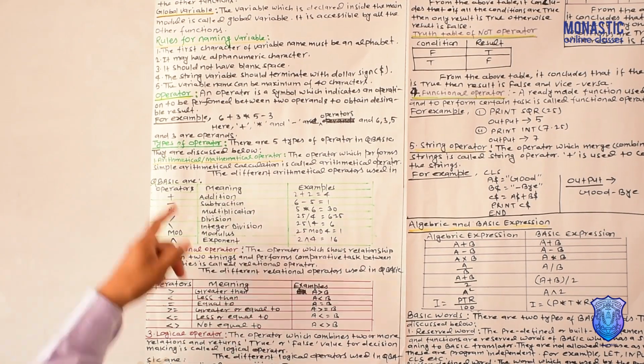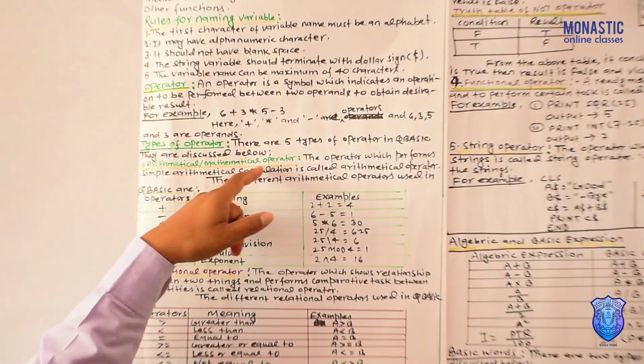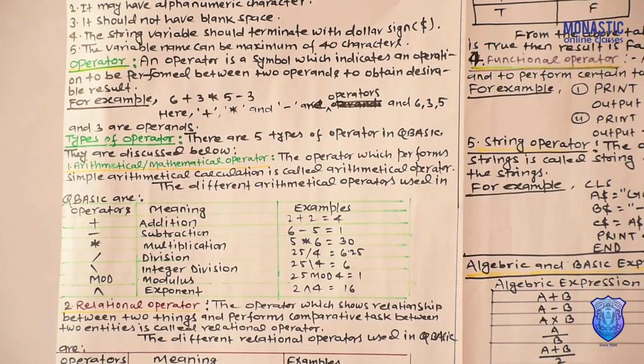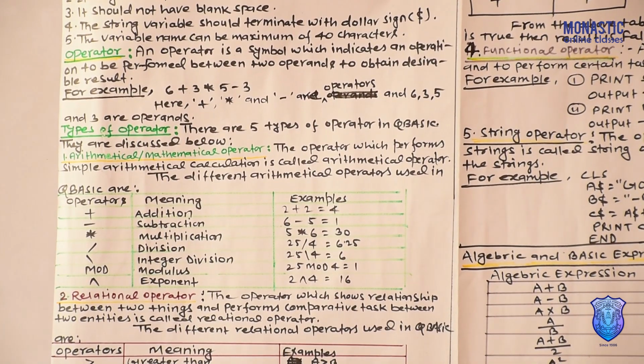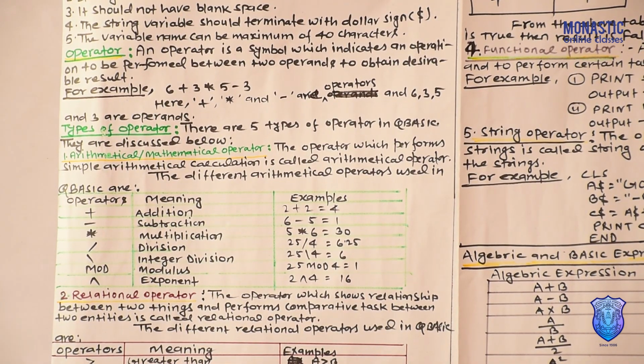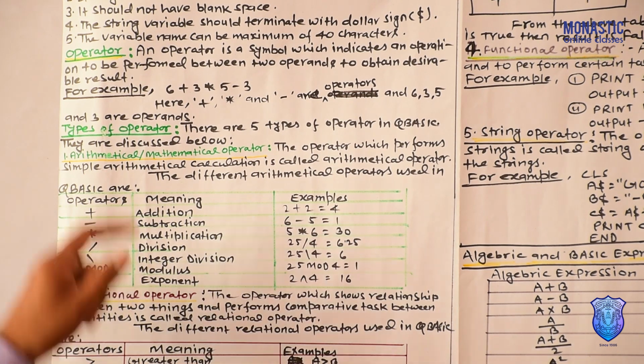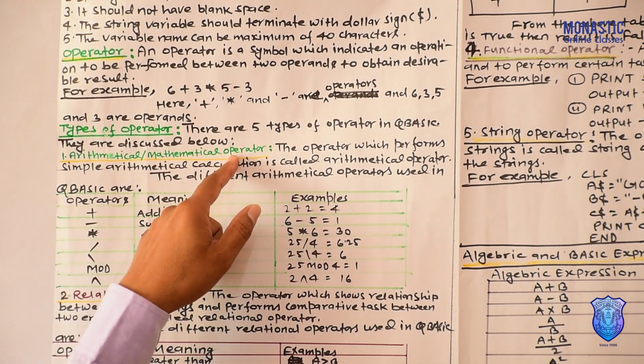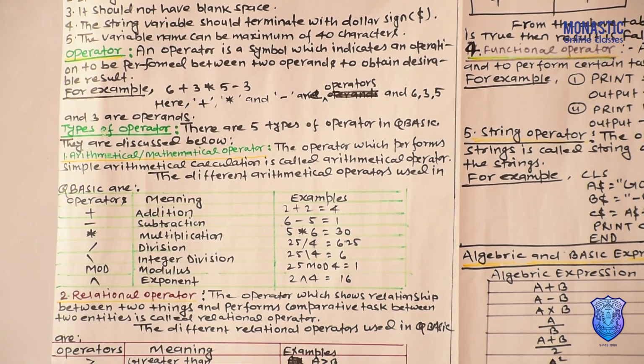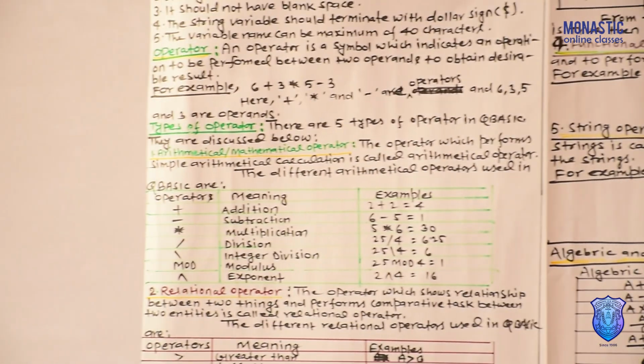First one is the arithmetical or mathematical operator. The operators that perform simple arithmetical or mathematical jobs are called arithmetical or mathematical operators. That means the operator which adds two numbers, multiplies two numbers, calculates modulus, etc.